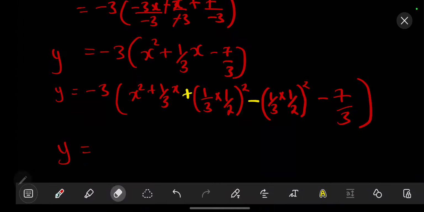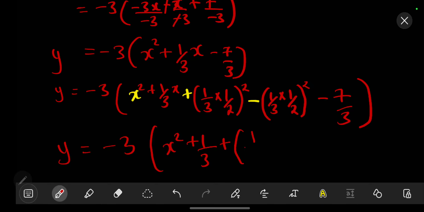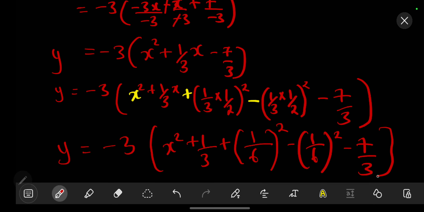So from there we are going to have our negative 3, then we have our x squared plus 1 over 3 times 2, which is 1 over 6, then squared, minus 1 times 1 is 1 over 3 times 2 is 6, squared, minus our 7 over 3, like that.